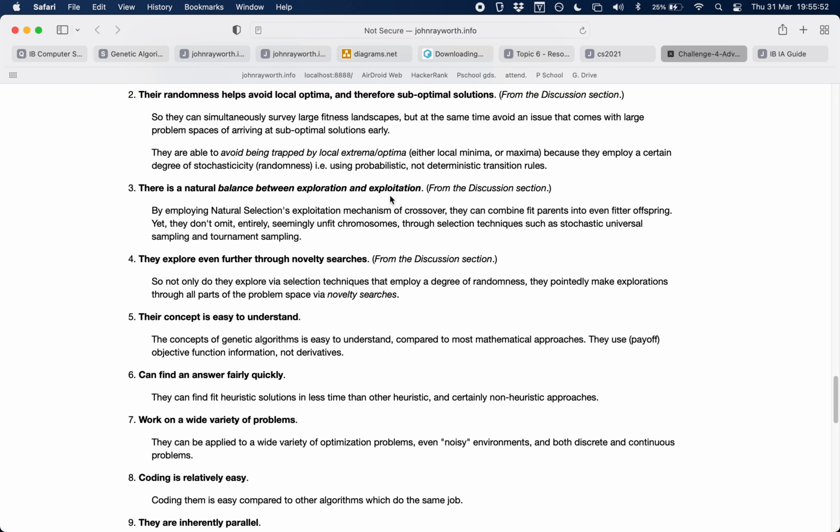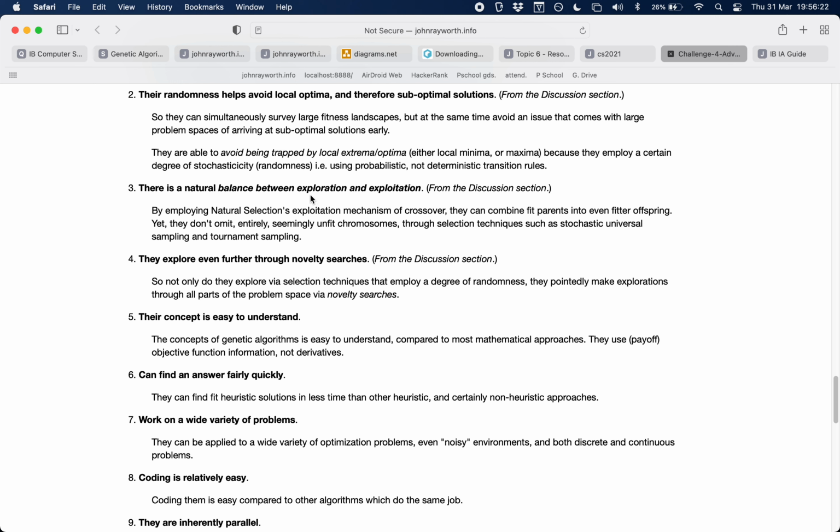But there's a balance between that, taking the good genes, and exploration to genes which may not seem so good. And I'm saying genes, I probably should be saying chromosomes. Genes will be part of those chromosomes that we explore, these ones that are not obviously good, but as we've seen many times before, I've shown that diagram of not so good and not so good together can, in some circumstances, make really good.